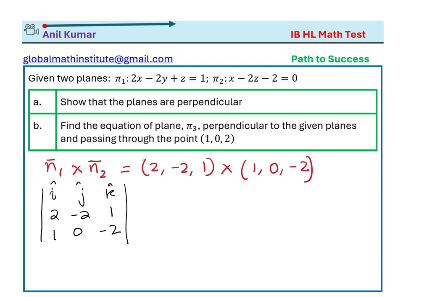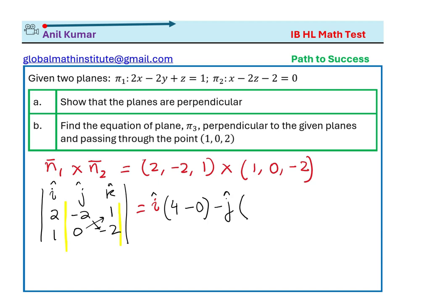So i, j, k gets multiplied. This equals i times this part. We multiply these: minus 2 times minus 2 is 4, minus of this, which is 0 in this case. So that becomes the coefficient for i. And for j, alternately we put negative signs.